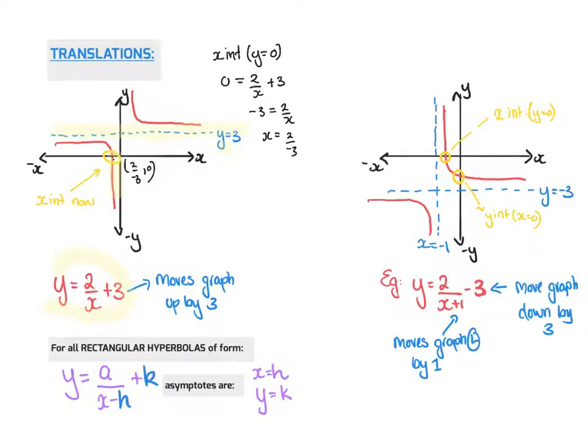All right, over on the right, we can see another graph here. We've got y equals 2 over x plus 1, minus 3. The basic hyperbola would just be asymptoting on the x and y axes, but this plus 1 has moved it over to the left.